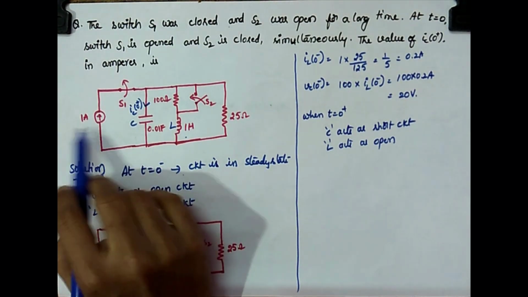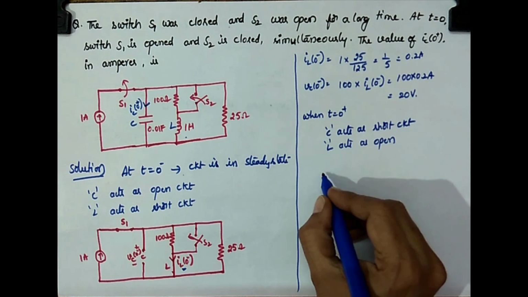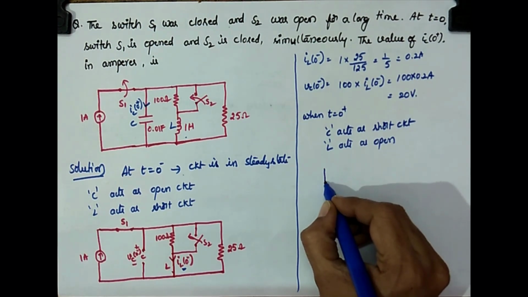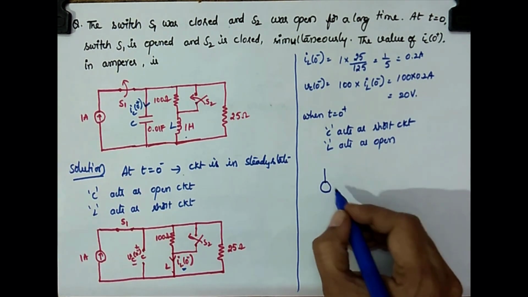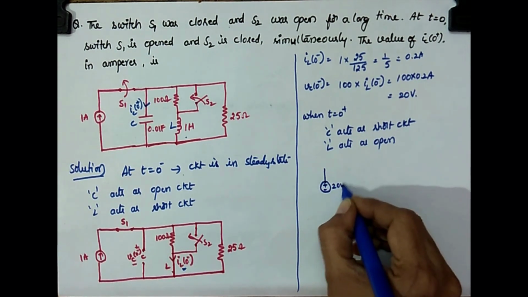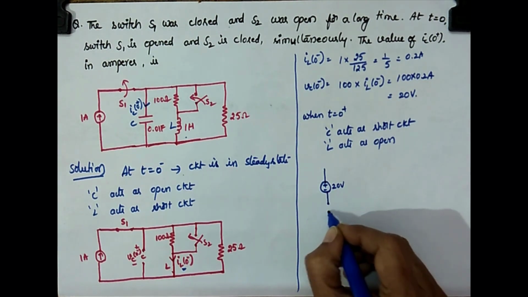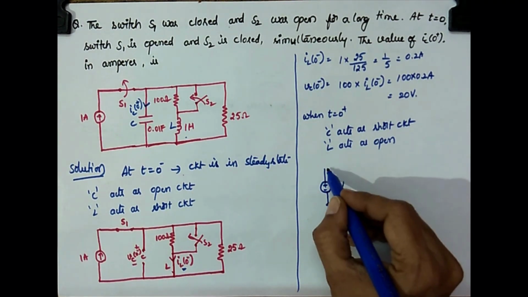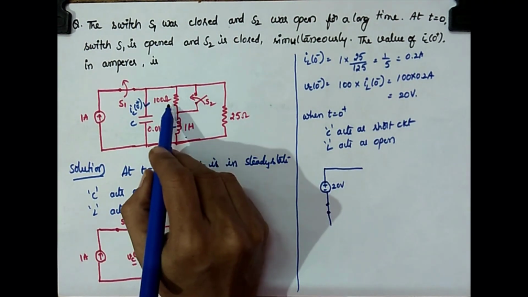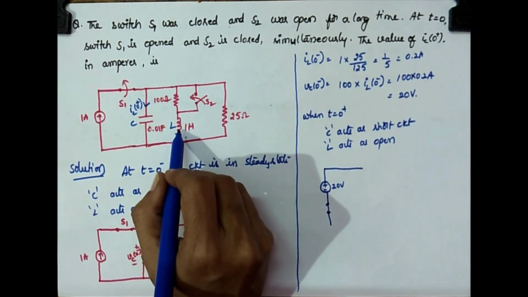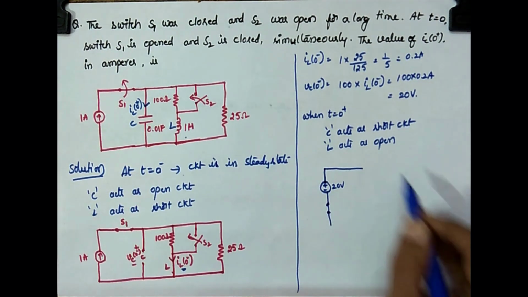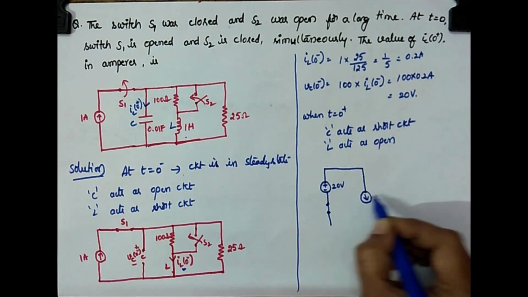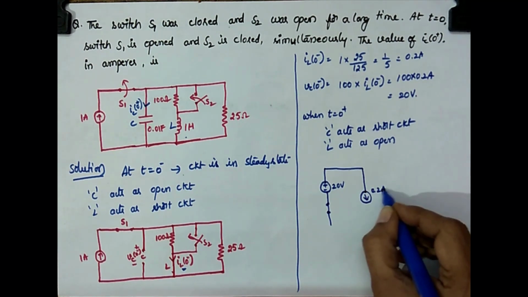This is open, so there is no 1 ampere, but the capacitor is shorted. The capacitor has an initial voltage of 20 volts, and this is the shorted capacitor. Then the 100 ohm resistor is shorted because S2 is closed, so you have only the inductor, which is open, but the inductor has an initial current of 0.2 amperes.